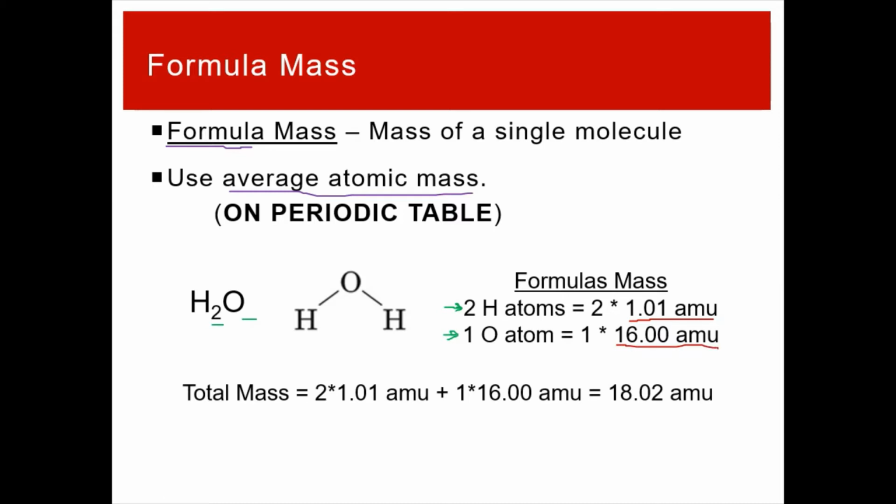Your periodic table, if you use the one that's in the additional resources or any of the other ones that have been here or in the book, you'll note there's a lot more digits after the decimal that they are displaying. I just use 2 digits after the decimal. So I always round my atomic masses to 2 digits after the decimal. The reason for that is because that's generally enough for sig figs.